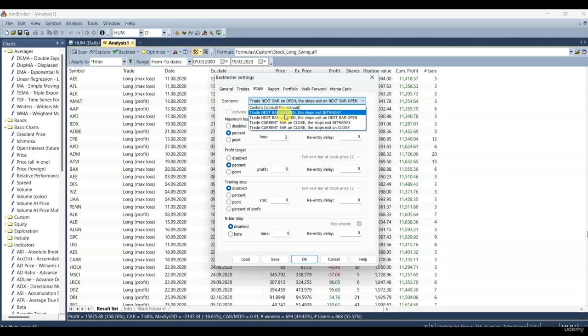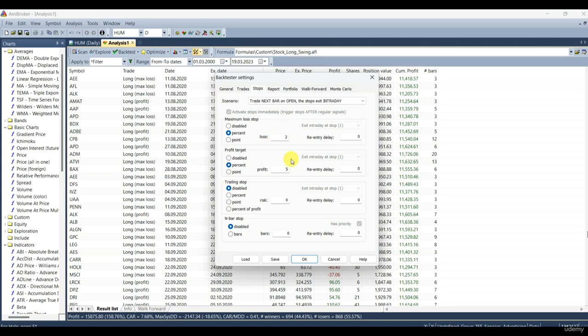this one, that we still will be entering the next day on open, because that's a very comfortable way of entering, but the stops will be so-called intraday. That means anytime the loss reaches the predefined value, it will exit the position immediately, the same day.